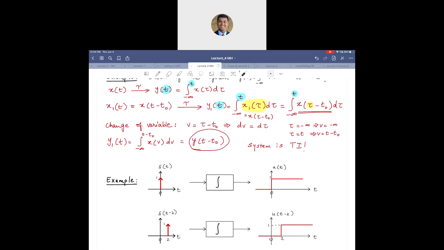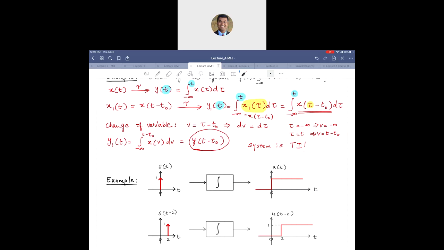If you move the impulse function to the right by 2, which is a delay of 2, and then you integrate, all that happens is that the area that you accumulate moves over to the right by 2. So u of t becomes u of t minus 2. So that accumulation shifts right by 2.